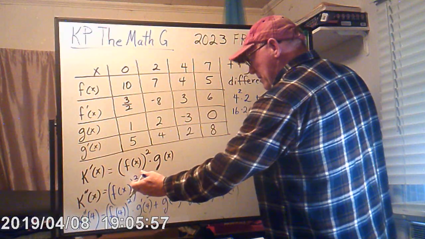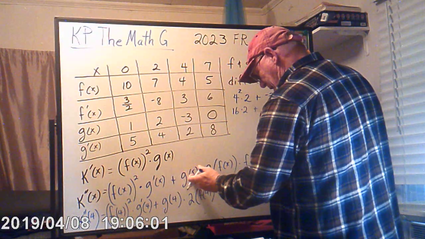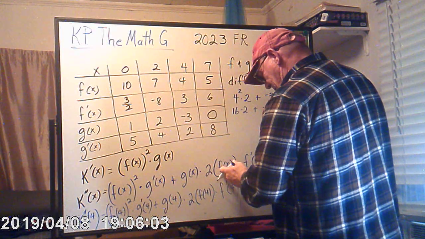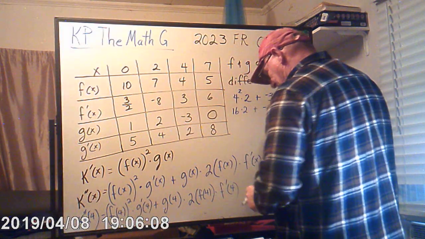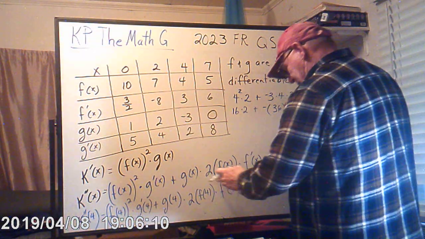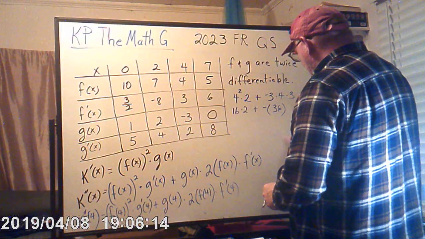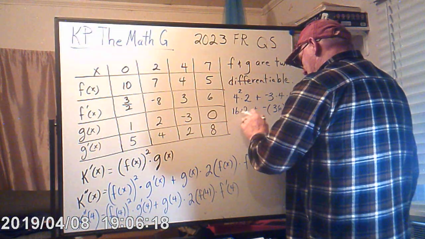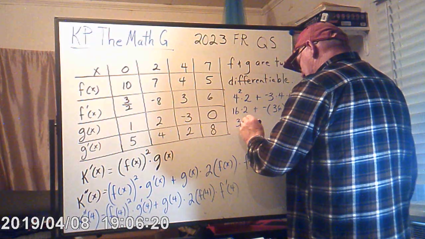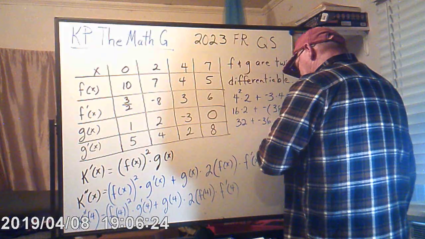First times derivative of the second plus the second times the derivative of the first. Okay, yes. This is really a chain rule, isn't it? So let's see what we got. 16 times 2 is 32 plus -36.